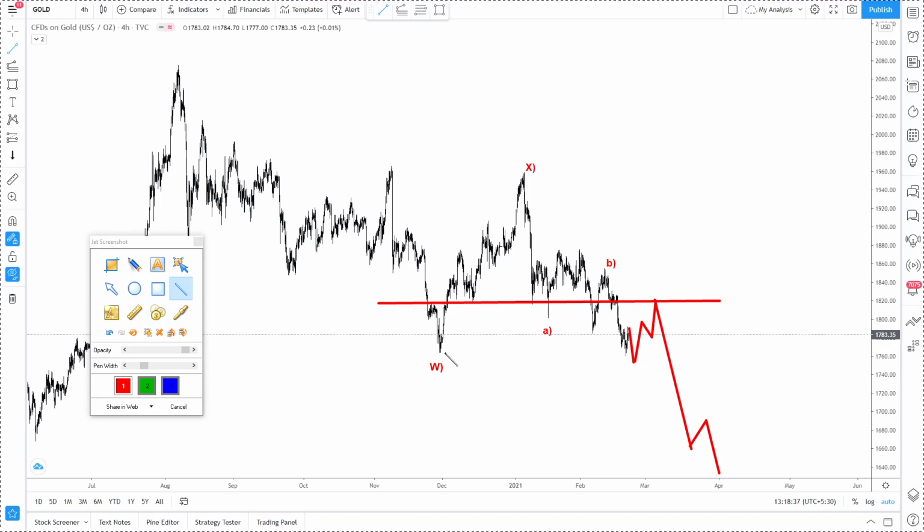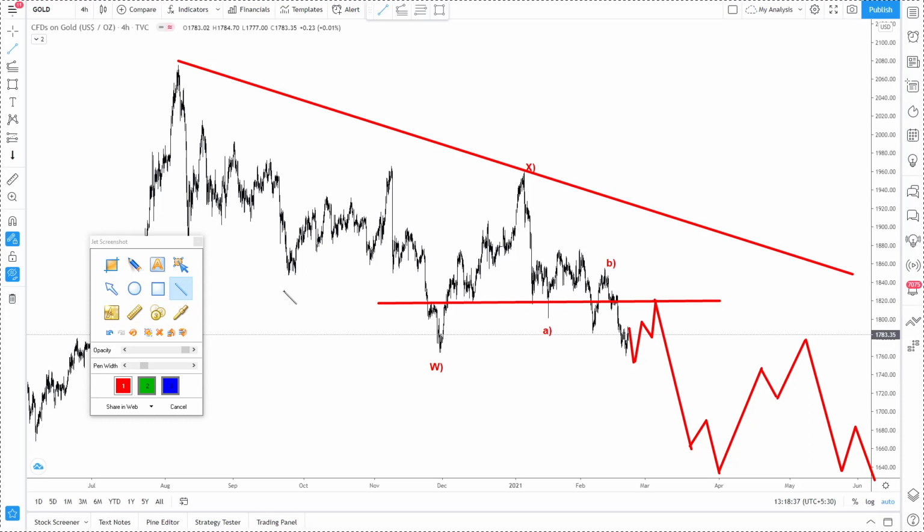After that, this W X A B C, so we may see again a bigger one also, or it could continue, because W X Y, after that Y X, again A B and C to the downside. So it will keep continuing until it breaks this channel.